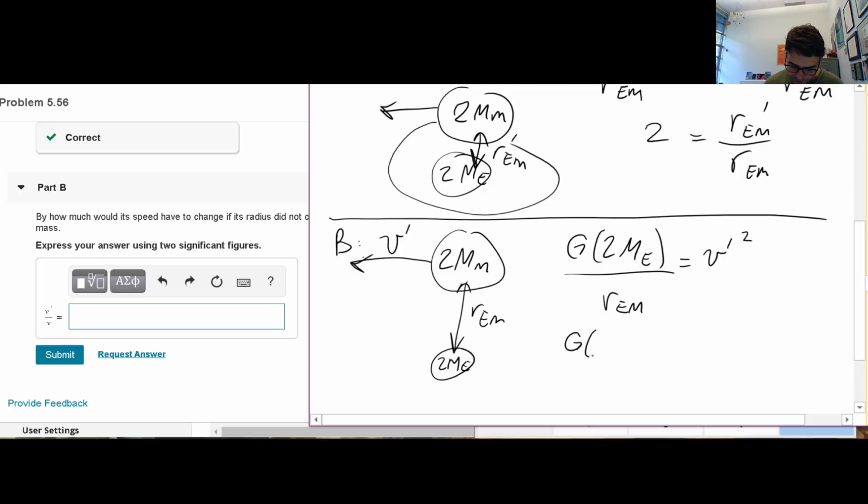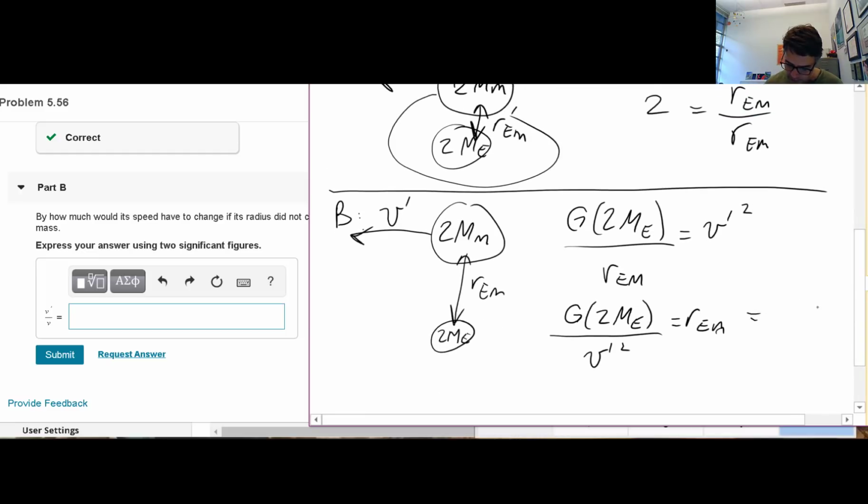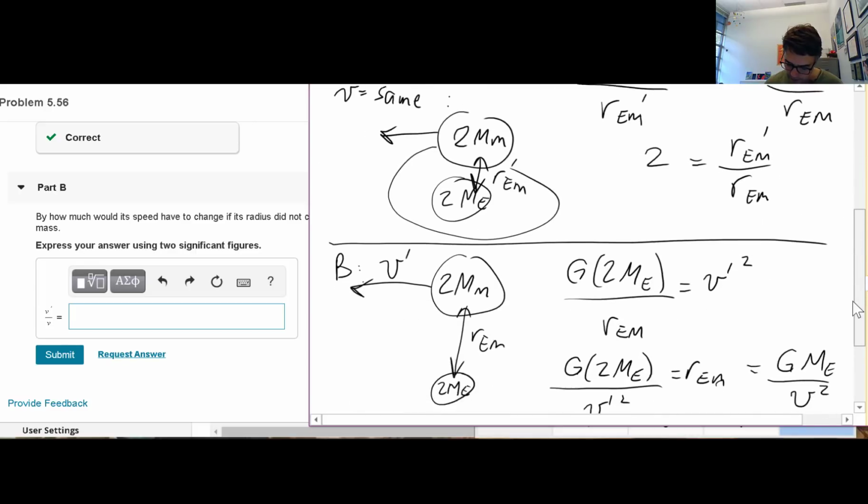So it's g times 2me divided by v prime squared is equal to REM. And then that is going to be equal to g times me divided by v squared, by just solving this equation for REM and then setting them equal.